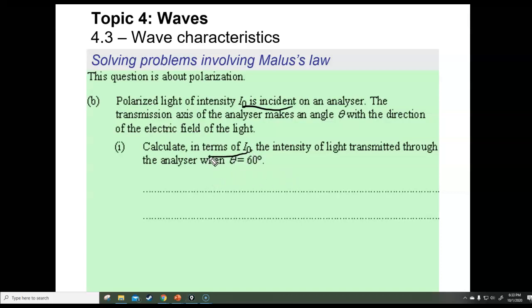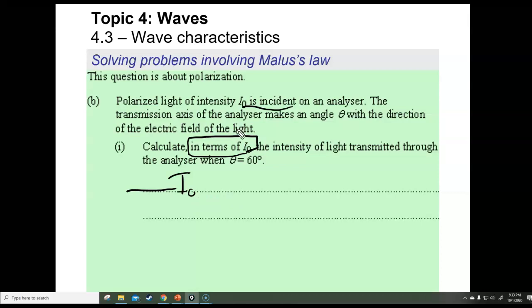This shows up a lot on IB questions: in terms of. When it says in terms of anything, that means the answer to the question should contain that thing. So we should have an answer at the end that is something, something, something, I naught. Some multiple of I naught. That's what in terms of means.